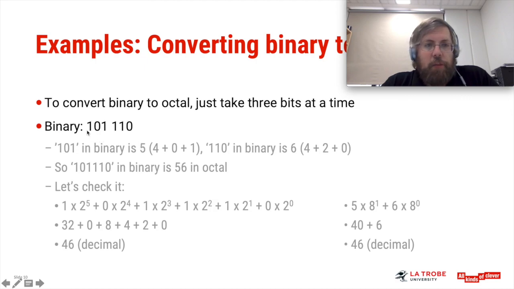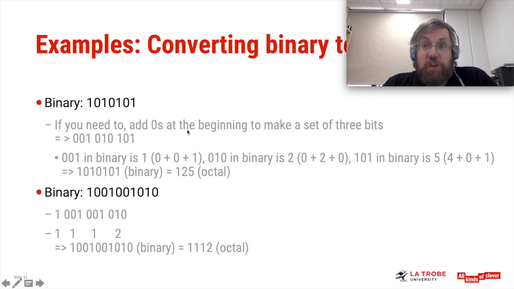So the number 101110 in binary is 101, 5, 110, 6, 56 in octal. We can check that math. So converting from octal to decimal, 56 is 46. And there you go. We're good. So binary, you get 46. Octal, you get 46.